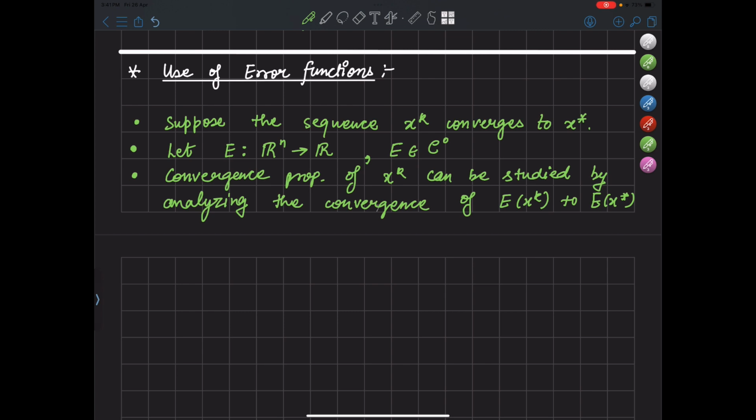How fast e of xk converges to e of x star can give us some estimate of how the convergence of the algorithm happens.